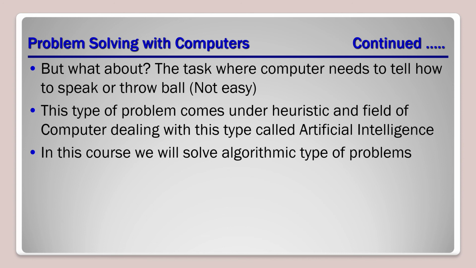The reason is that artificial intelligence is required. Maybe you have heard the words machine learning, deep learning, artificial intelligence. These are areas which are still in progress. Yes, we can say that we have achieved some part of artificial intelligence, but there is still a long way to go.